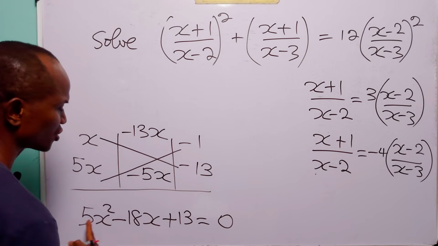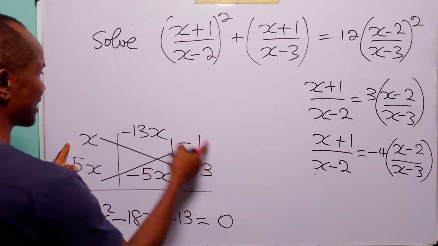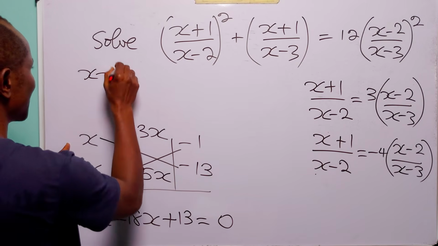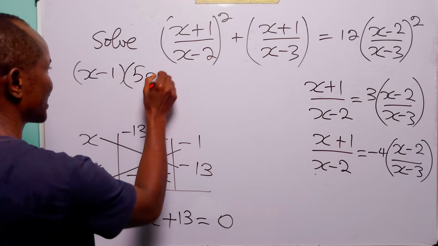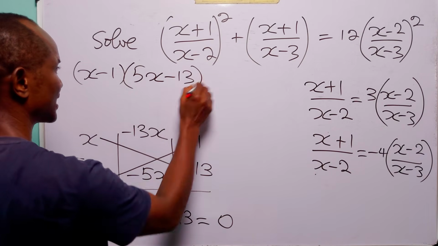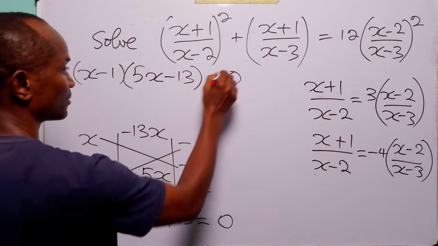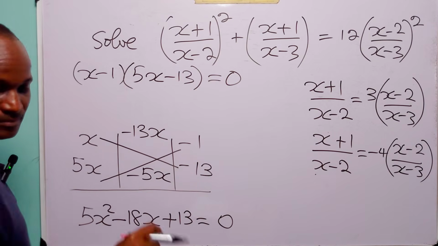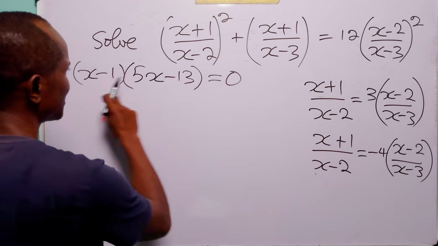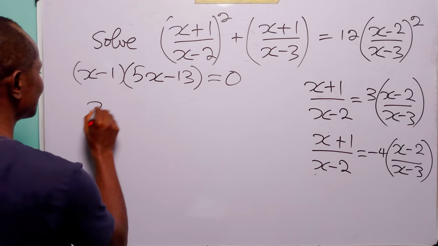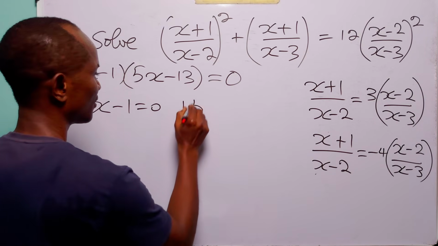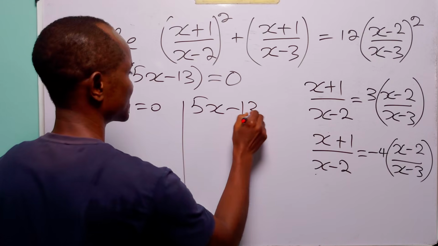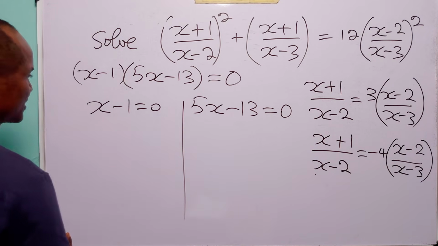So we have that the factors of this quadratic equation are x minus 1 and 5x minus 13. And of course, this is equal to 0. Now, you know that this simply means that either x minus 1 is equal to 0 or 5x minus 13 is equal to 0.